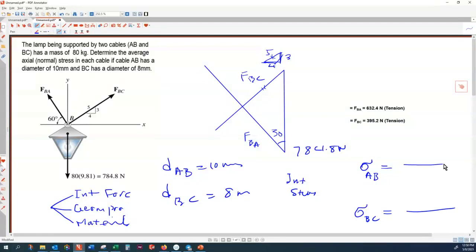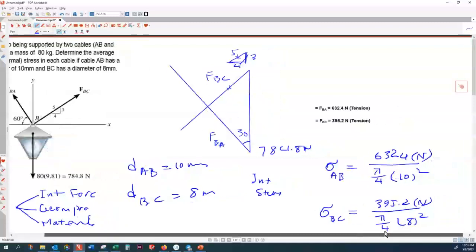And then I only have to divide the forces in Newton, 632.4 Newton, and this one, 395.2, this one is Newton. And what about the area? The area of AB is pi by 4 d squared. Pi by 4.